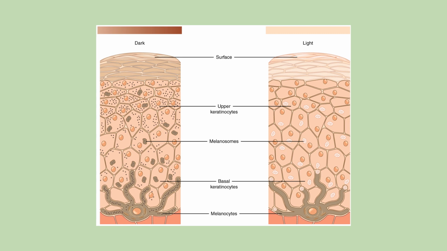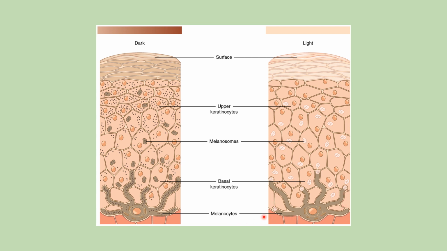And this diagram is just showing down here in the stratum basale layer, these cells are going through mitosis like they're supposed to. But here is one of your melanocytes. Everyone tends to have roughly the same number of melanocytes. It's just how much melanin is each one producing. Like I said, I'm very fair skinned, so I'm going to be over here.